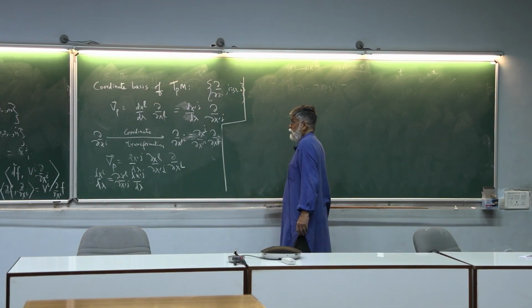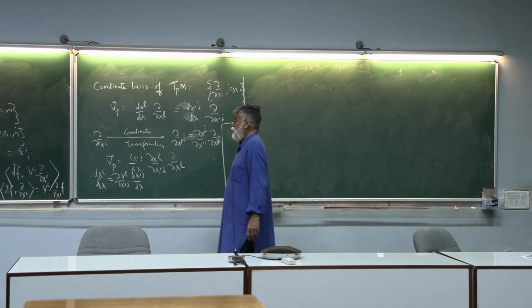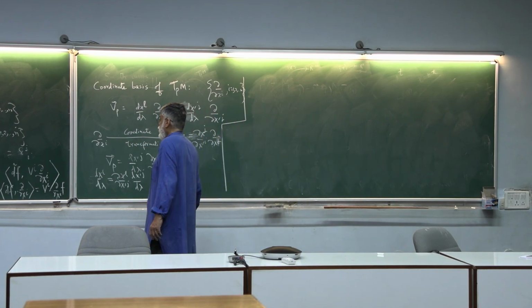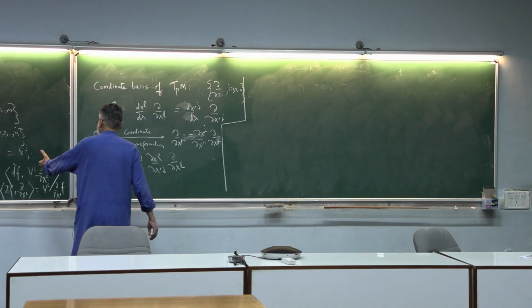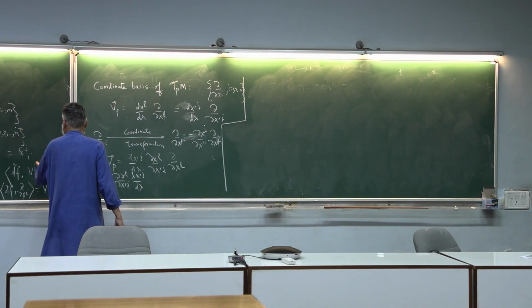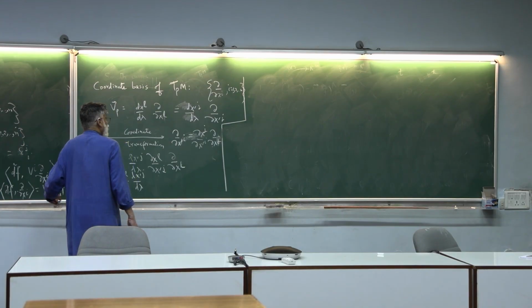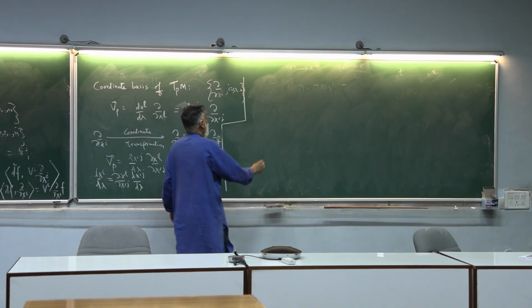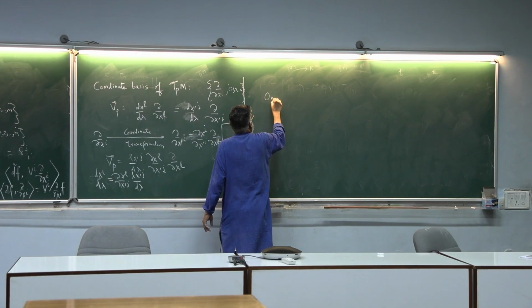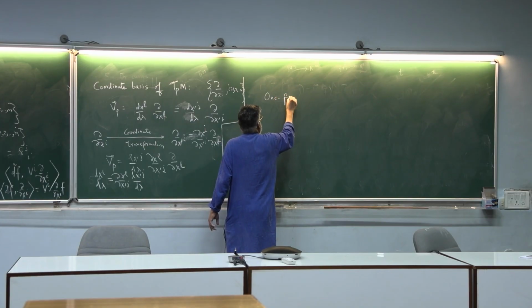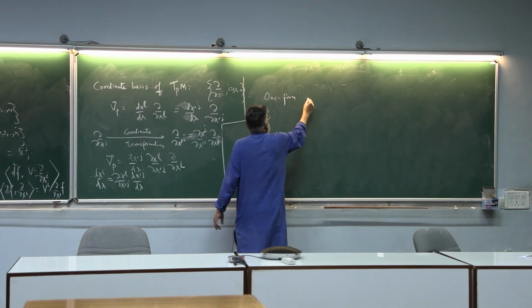So you can ask, okay, great. We have talked about components of a vector when you choose the coordinate basis del by del x^i. What about the components of a one form? So let us consider the one form df.